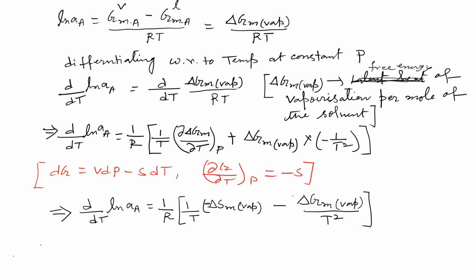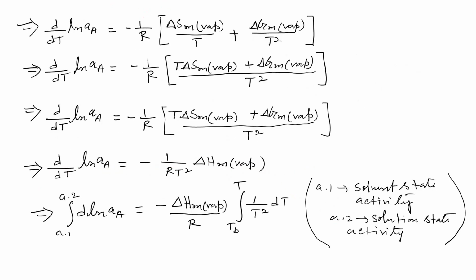Okay. Now next, d/dT of ln A is equal to minus 1 by R, minus we have taken common, so delta Sm, the molar entropy of vaporization per mole of the solvent divided by T, plus delta Gm vaporization divided by T square. So d/dT of ln activity of A is equal to minus 1 by R. This T square I have taken LCM.